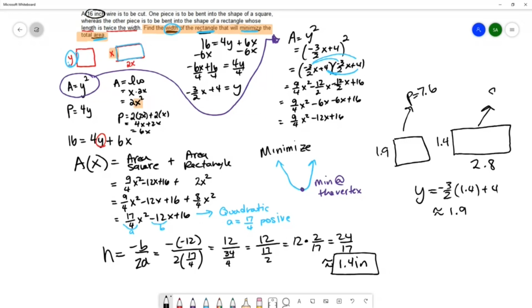So that would be about 8.4. So let's see. 7.6 plus 8.4 does give us 16 inches. Now those are all approximate because I rounded this answer here.